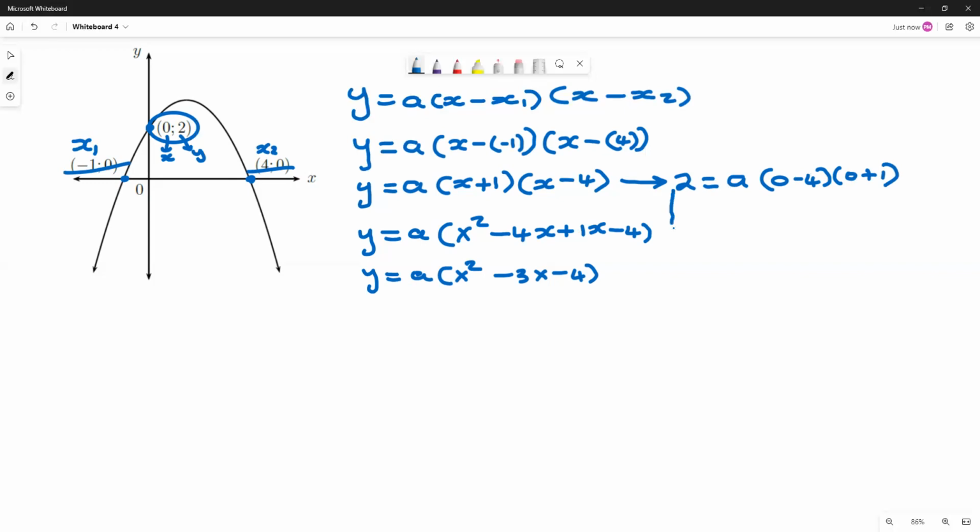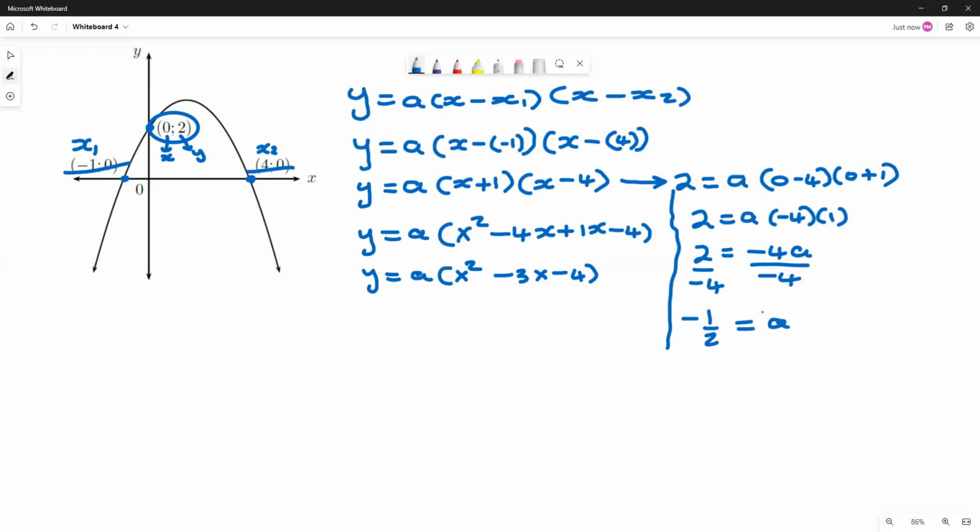So we have 2 equals a times -4, and then that one will be 1. Then we have 2 equals -4a times 1, which is still -4a. And then you want to isolate the a, so you divide by -4 on both sides. So you have -½ equals a.